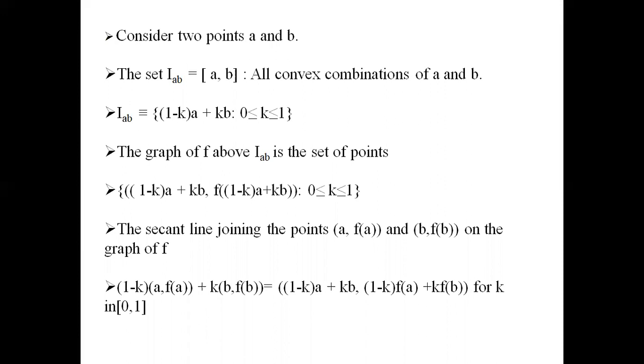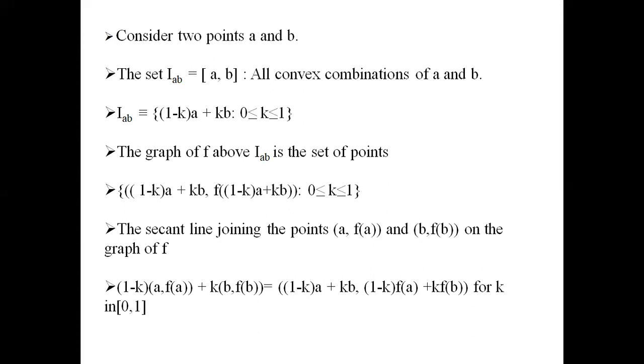The graph of the production function above I_AB is the set of points f((1 minus k) A plus k B), where k lies between 0 and 1.